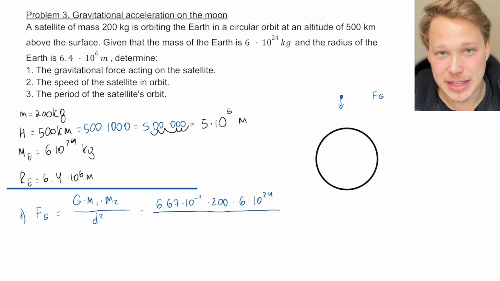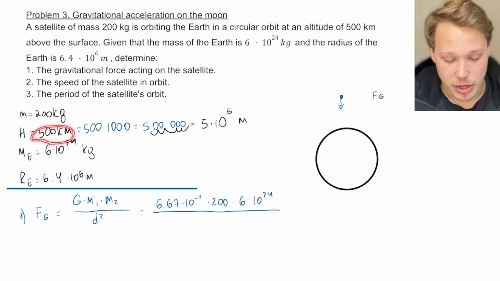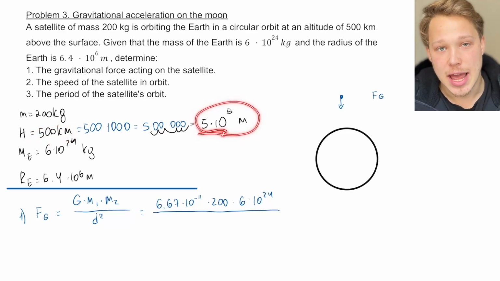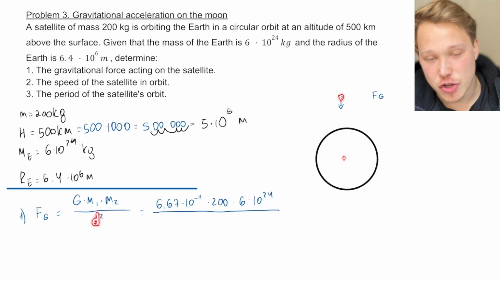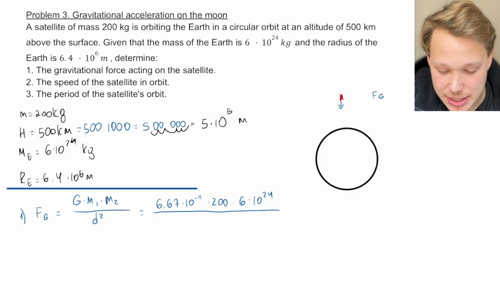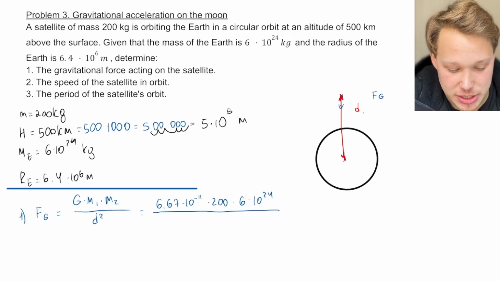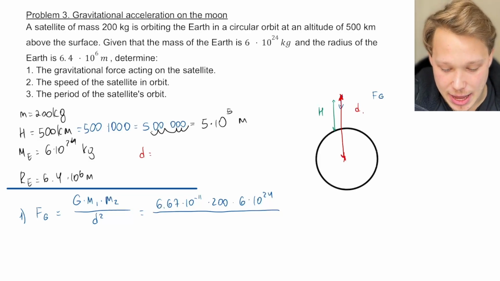Now, let's talk about the distance, right? A lot of people make a mistake of putting 500 kilometers or even this number in terms of meters in for distance. But you have to remember that this D in this formula is the distance between centers of masses of the two objects. So we need to find this distance that is not directly given in this problem, because D consists of h, the height above the surface, and the radius of the Earth.